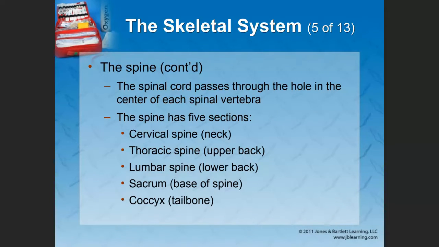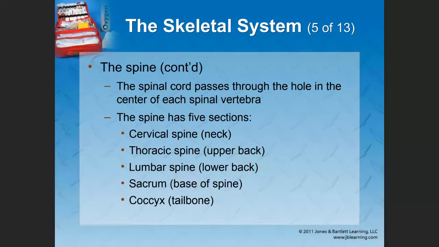Now, the spinal cord passes through the hole in the center of each spinal vertebrae, and it exits the skull through an opening referred to as the foramen magnum.